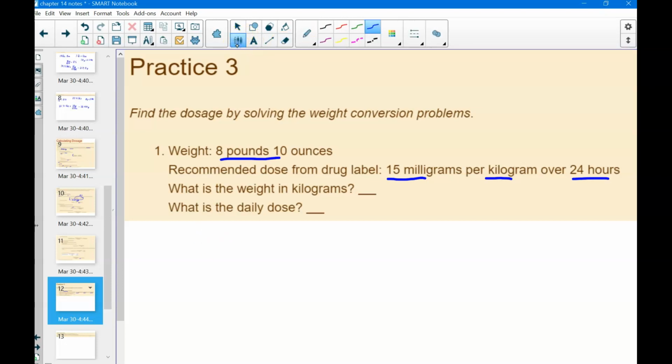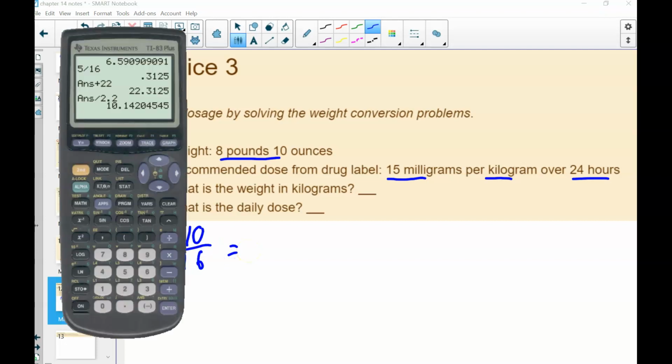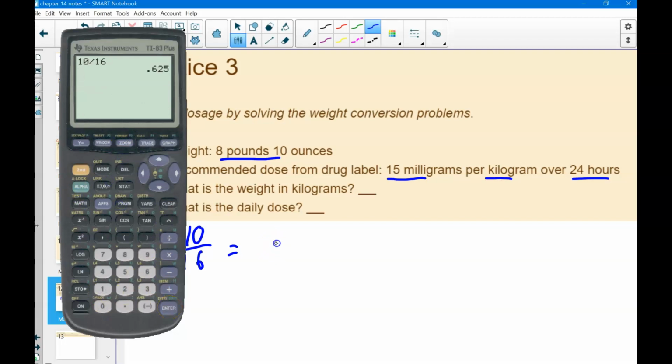Let's just keep it simple. Say it's 10 ounces over 16 ounces. That's going to give us our decimal place. So we have 10 divided by 16. That gives us 0.625 pounds.